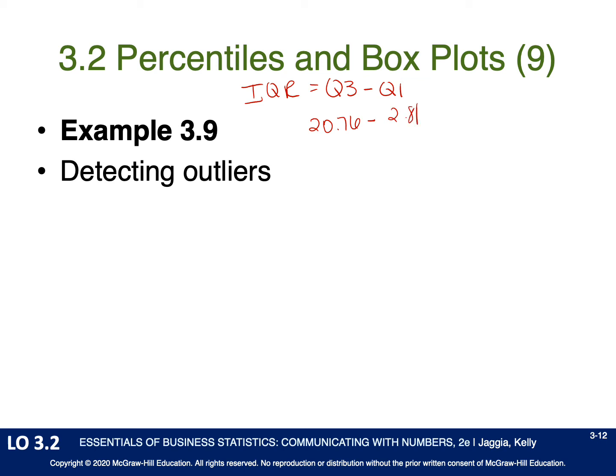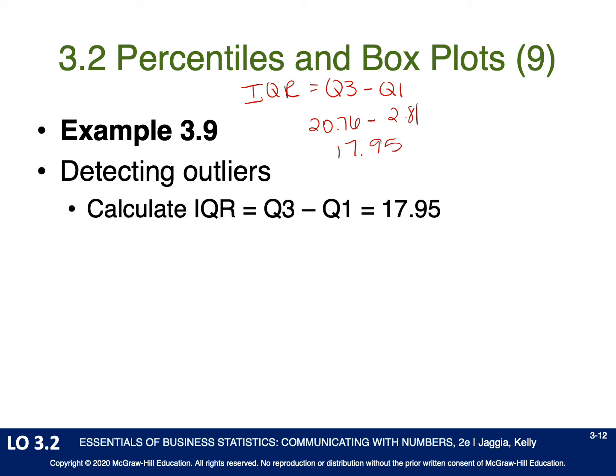So that means the interquartile range is 17.95. So when we look back at that box plot that we're going to look at on the next slide, the left side of the box will be labeled 2.81.